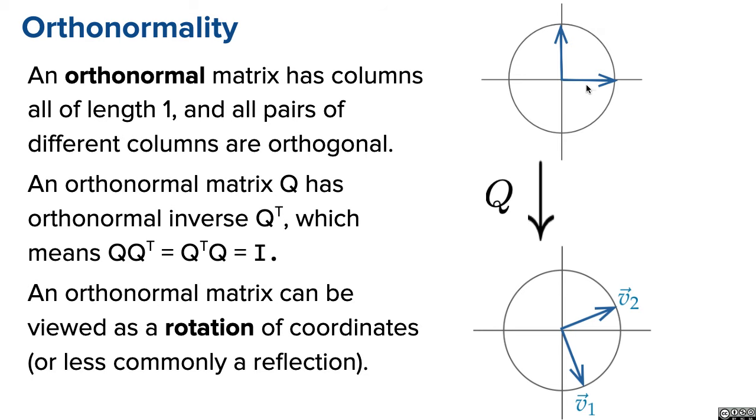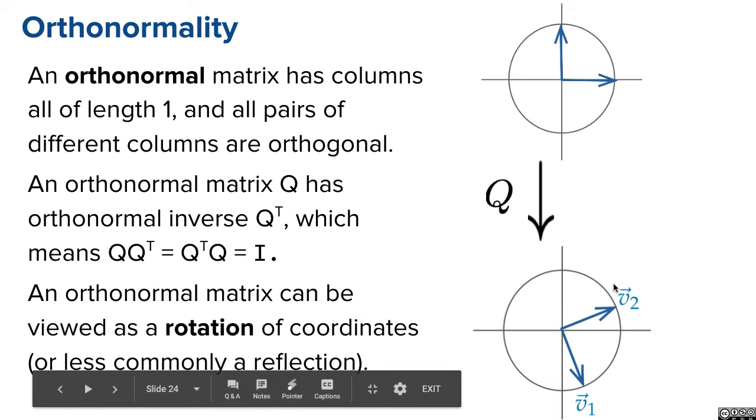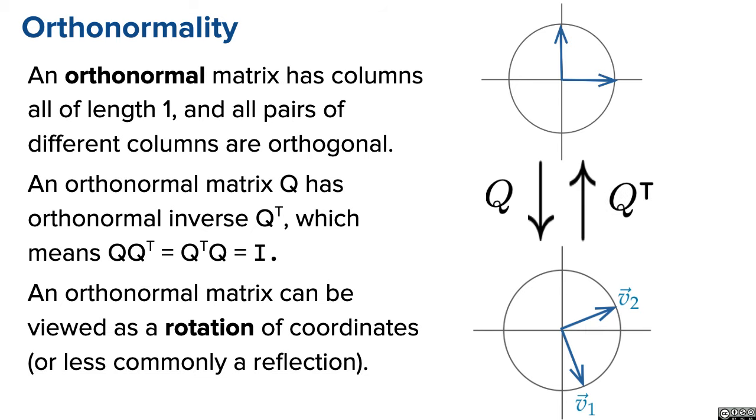So it rotates my entire collection of two vectors by the same angle. That's what an orthonormal matrix does. The inverse of an orthonormal matrix is its transpose. So if I take the vectors on the bottom and multiply them by Q transpose, I'll recover the vectors on the top. I can take vectors, rotate them, and then unrotate them by multiplying by an orthonormal matrix or its transpose.